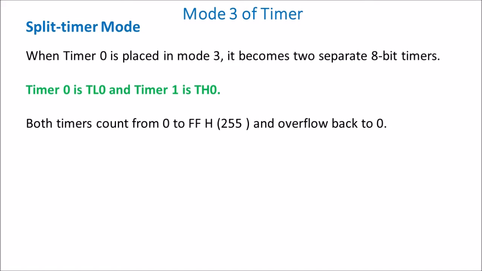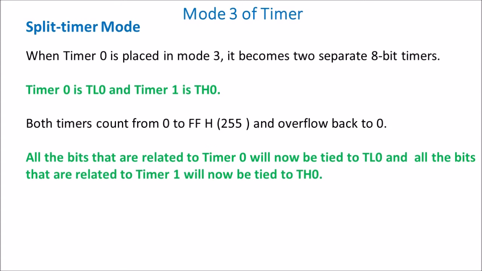The bits associated with timer 0, that is TR0 to start or stop timer and TF0, that is flag bit related to timer 0, are used for timer 0, that is TL0 only. But the bits associated with timer 1, that is TR1 bit and TF1 bit, are now related to timer 1, that is TH0.